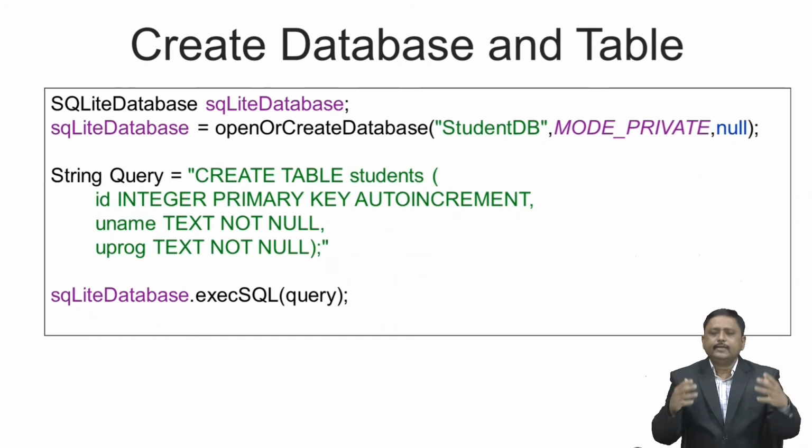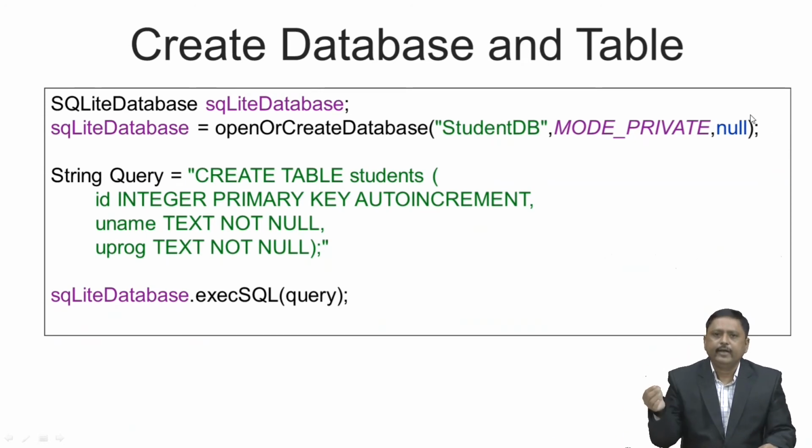Now, let us understand how actually a database and table is created, right. First we declare a SQLite database type object, and here I write down SQLiteDatabase equal to openOrCreateDatabase. The first argument is the database name and the second argument is the mode, which specifies that this database is private to the app, and the last argument specifies the cursor factory.